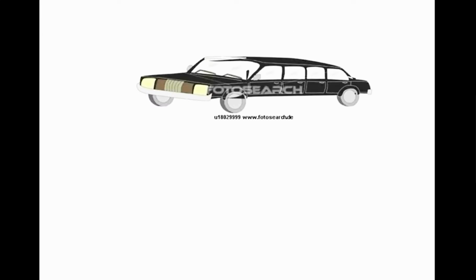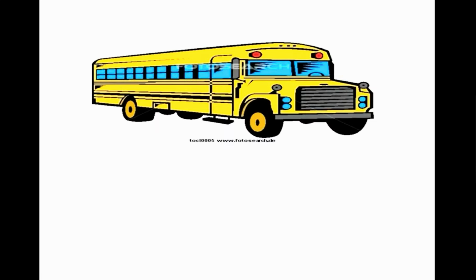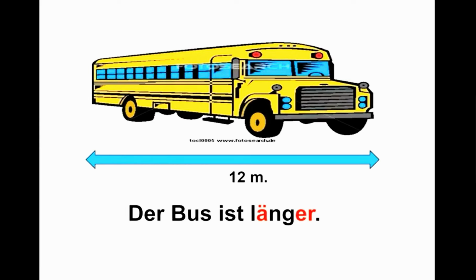Let's look at another example. You see? Can anyone read? Kritika, can you read this? Das Limo ist lang. So that means the limousine is long, right? Seven Meter lang. Now there is another Verkehrsmittel. Der Bus. Der Bus ist länger. How much long is it?